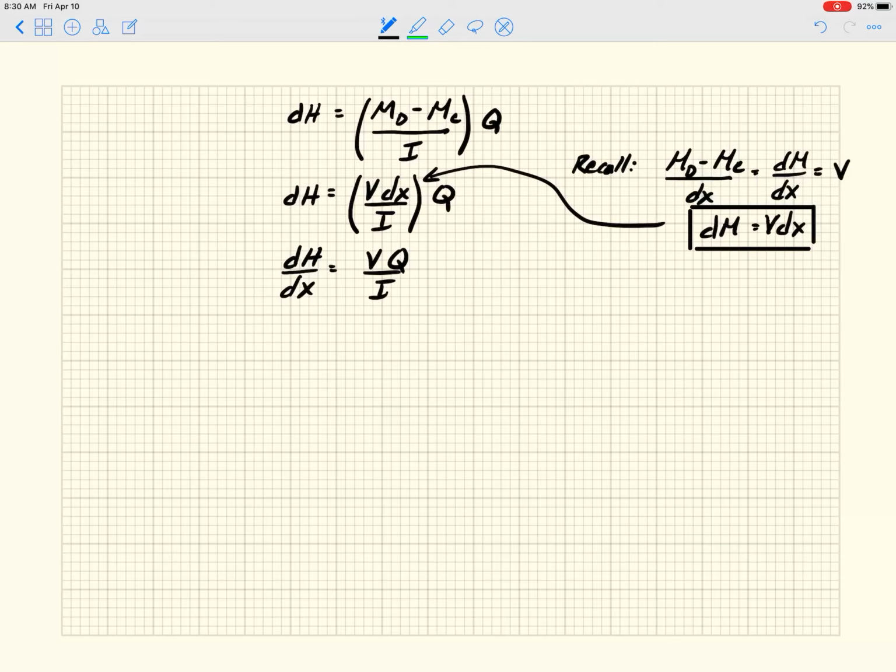So that is really important. We're going to call this shear flow. So dH/dx, the rate of change of the horizontal shear force per length, we're going to refer to as q, and that is called shear flow.